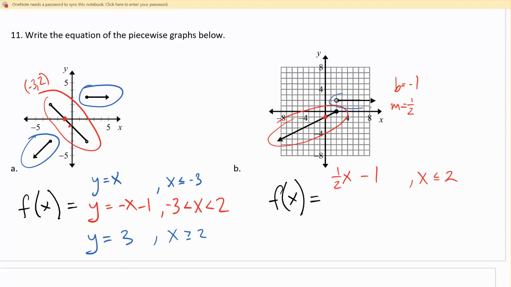We'll call this one our blue line, and that's for x values that are greater than 2, and that's just the horizontal line at 2, so that's why f of x equals 2.